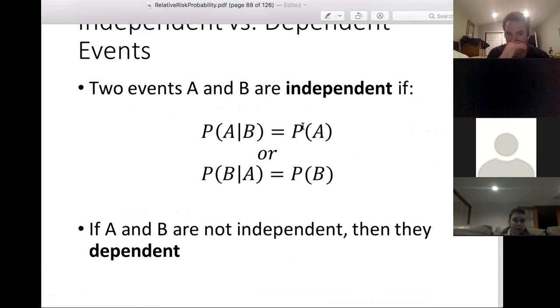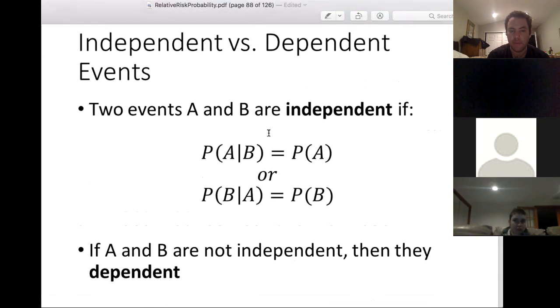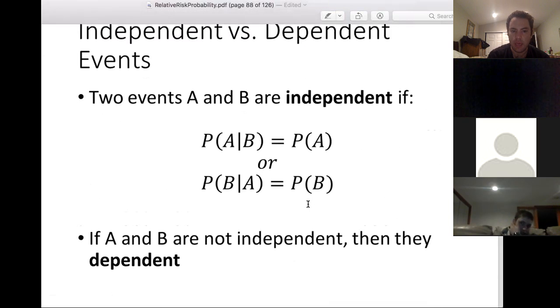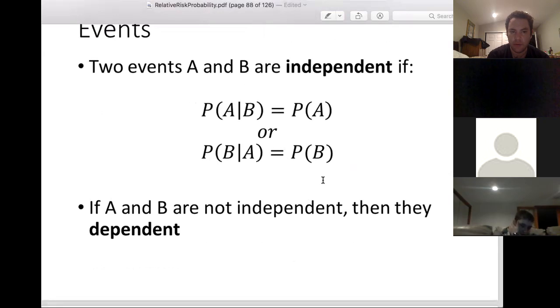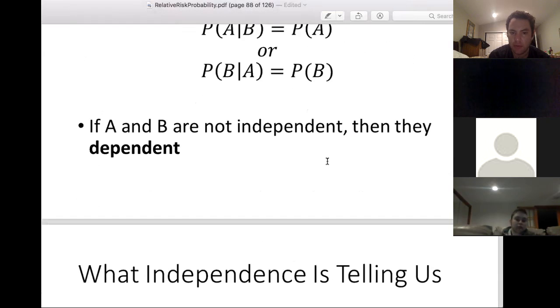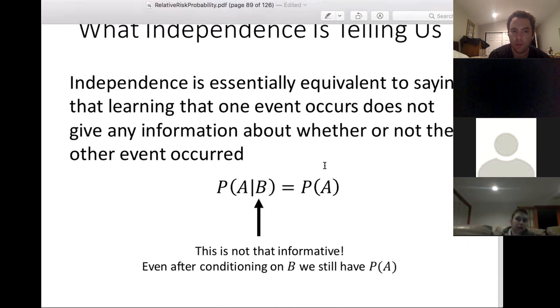Two events are independent if the probability of A given B is equal to the probability of A, or the probability of B given A is equal to the probability of B. If that's not true, then you have dependent events. So that's mathematically how to determine whether we have independent events or not. And independence is essentially equivalent to saying that one event occurring does not give any information about whether the other event occurred or not.